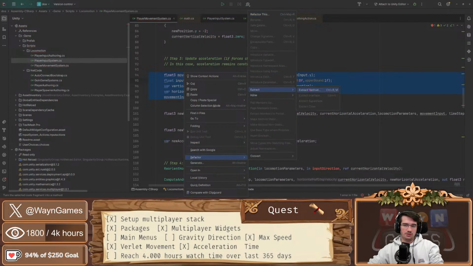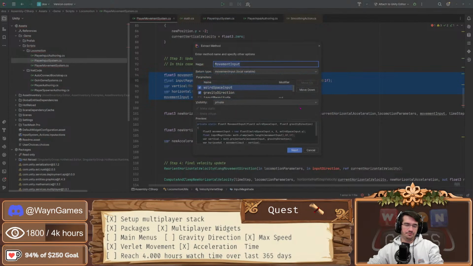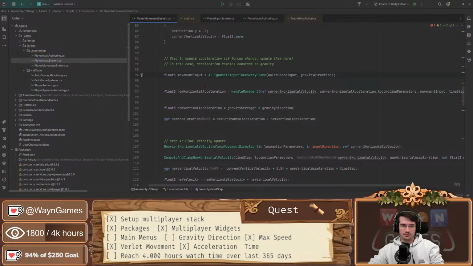Refactor this one, extract a method, align world input to gravity. Just get the movement input.